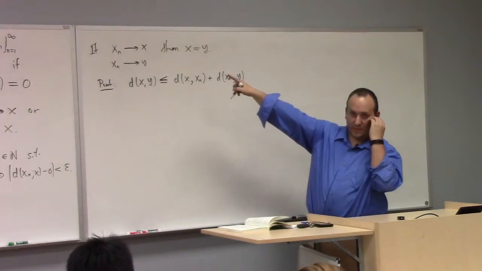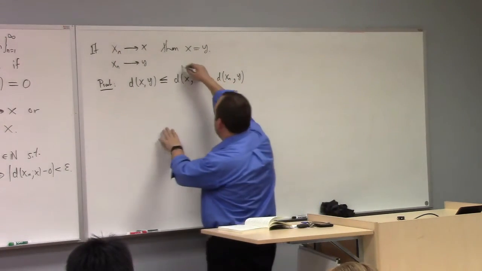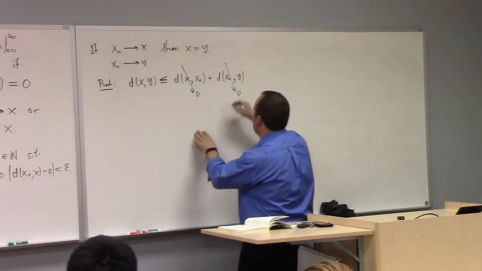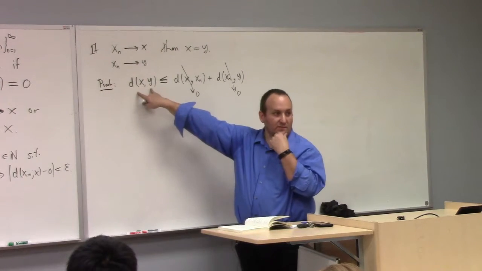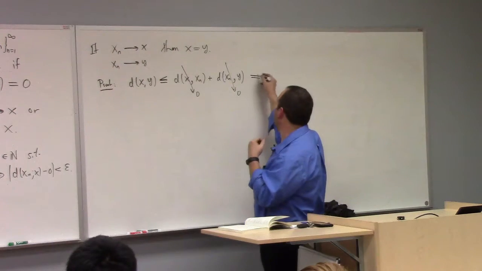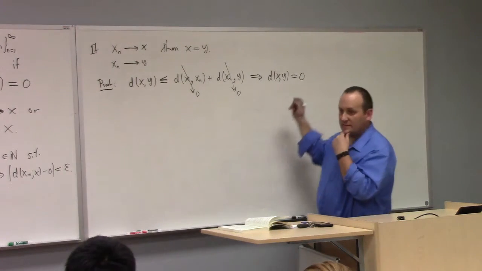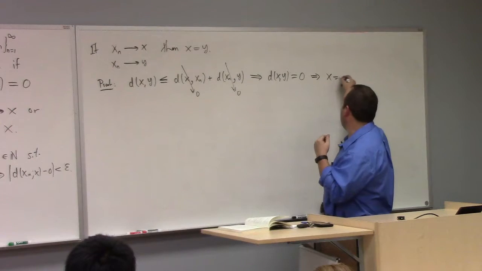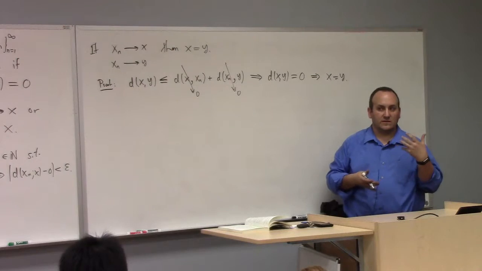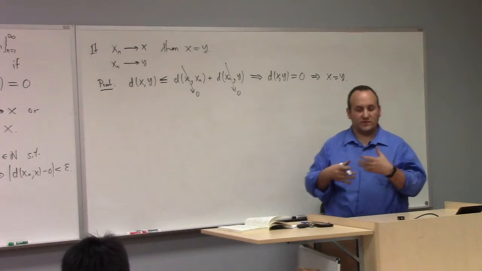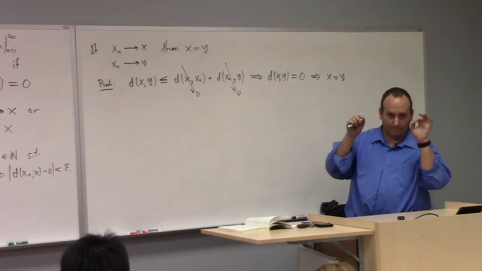But we're assuming that both of those go to 0, right? So as n goes to infinity, this goes to 0, that goes to 0, which shows you that we can make this arbitrarily small, which is to say that the distance from x to y is equal to 0, which of course is to say by the definition of a metric that x is equal to y, by the indiscernibility. So in a metric space, two convergent sequences must converge to the same point.